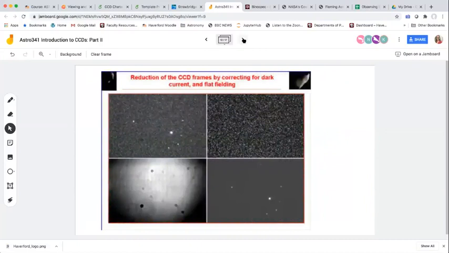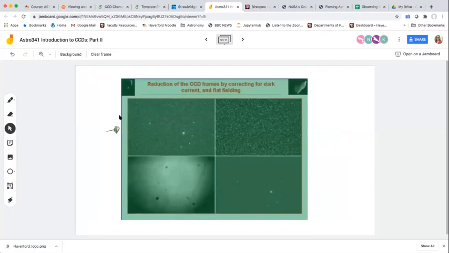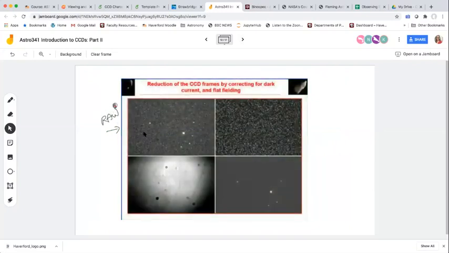Okay, so here's an example I found online showing the process of fixing these problems. This one is the raw image. You can see stars, but you can see a bunch of noise and some other effects. This is a CCD with quite a large dark current, so a lot of that noise is dominated by the dark current. Here is the flat field.